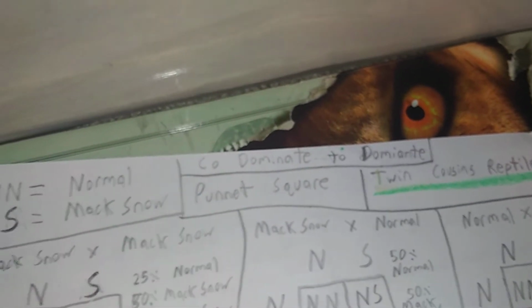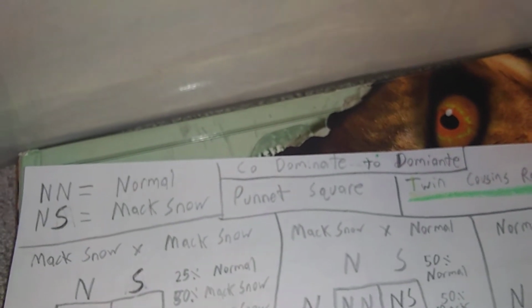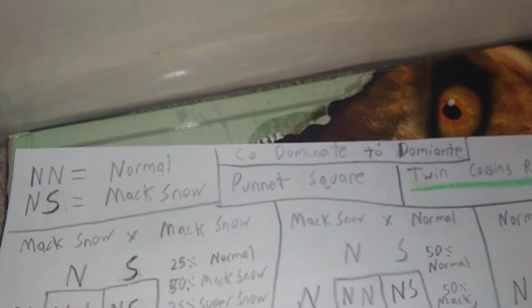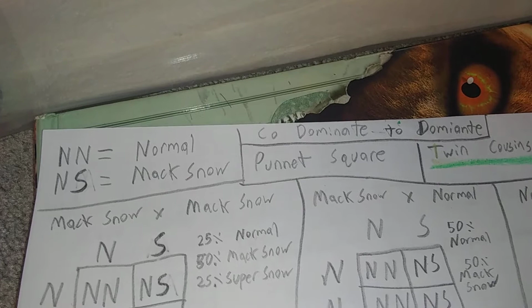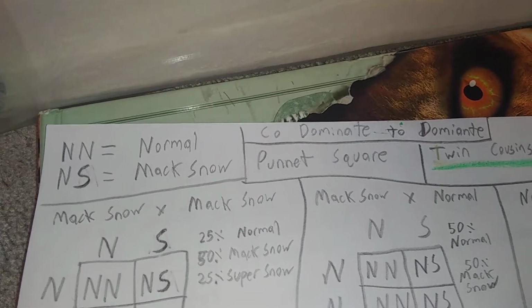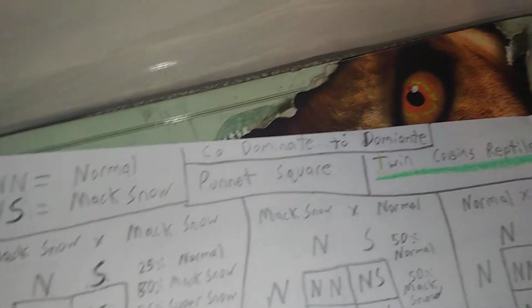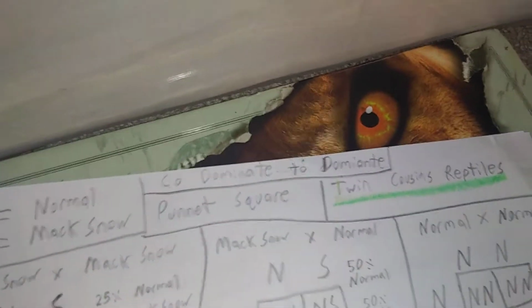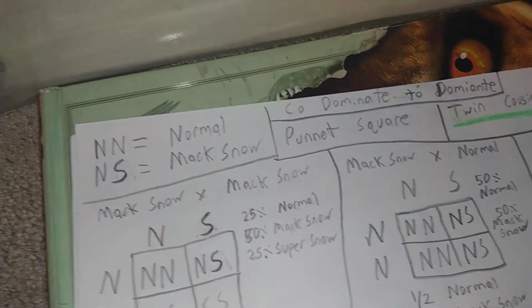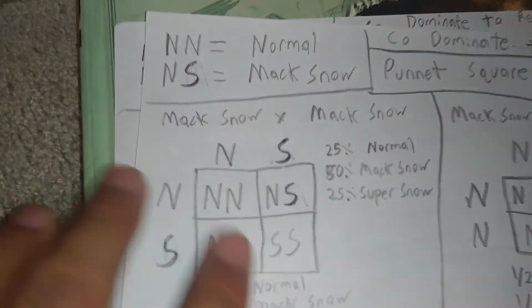So this is the Punnett square method, and this is basically how you predict the possible outcome. It's not a guaranteed method that, oh, you're going to get 25% of this. It's basically like a flip of a coin or spinning a wheel, if you know what I mean. Co-dominant to dominant Punnett square. I'm going to be showing you a few different crosses of Mack Snow.